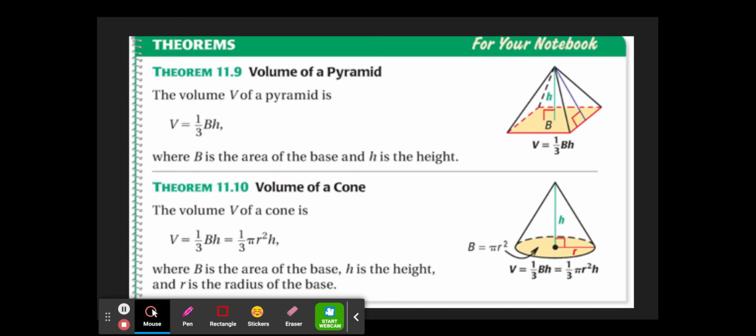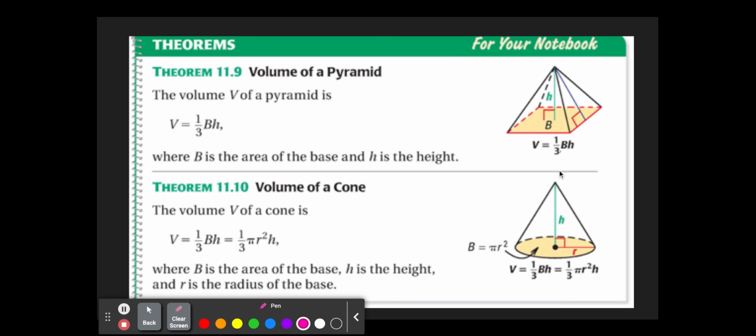Cones and pyramids. Same idea, right? A cone is really just a pyramid where we go from having a square base to an octagon to a dodecagon, and we just keep getting bigger and bigger until there are so many sides that it turns into no sides, and so you have a cone. So you can see how these things are related to each other.